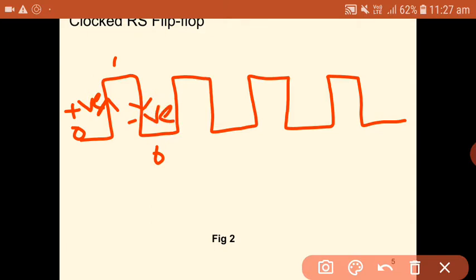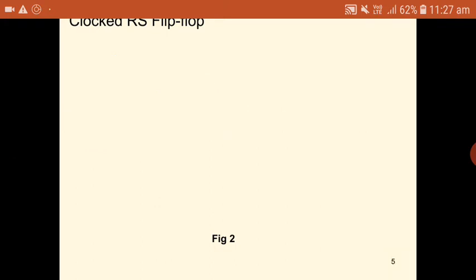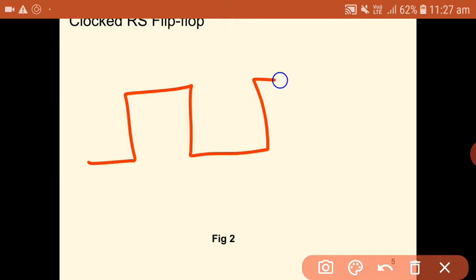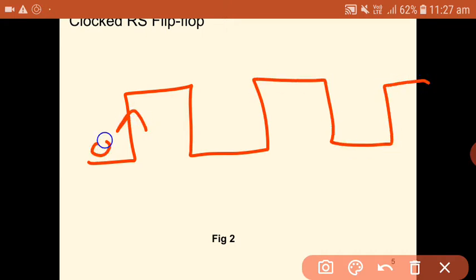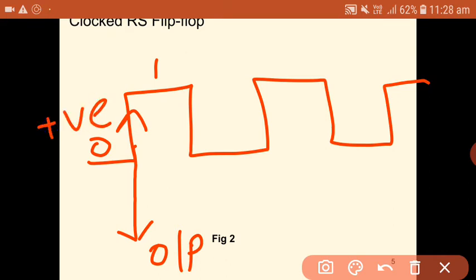Whenever the clock is changing its state from 0 to 1, if you are checking the output of the flip-flop at that instant, that is called positive edge triggering.